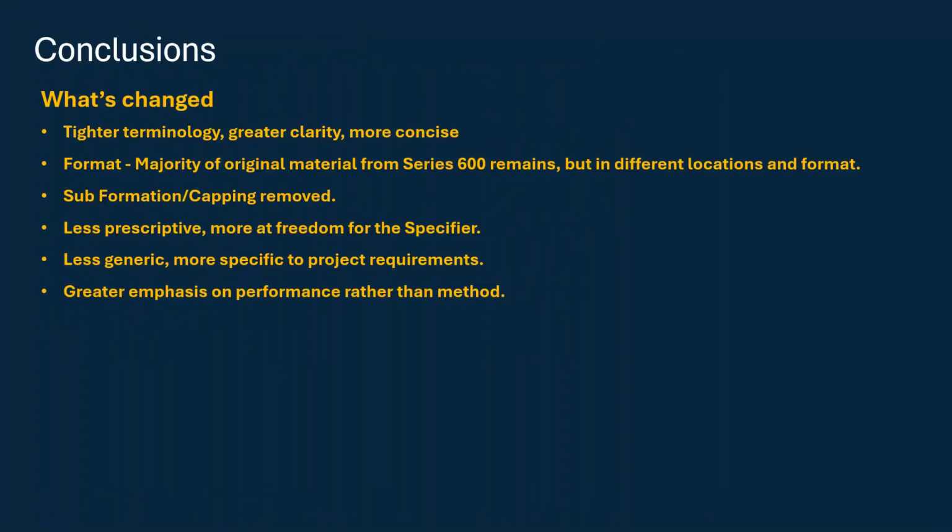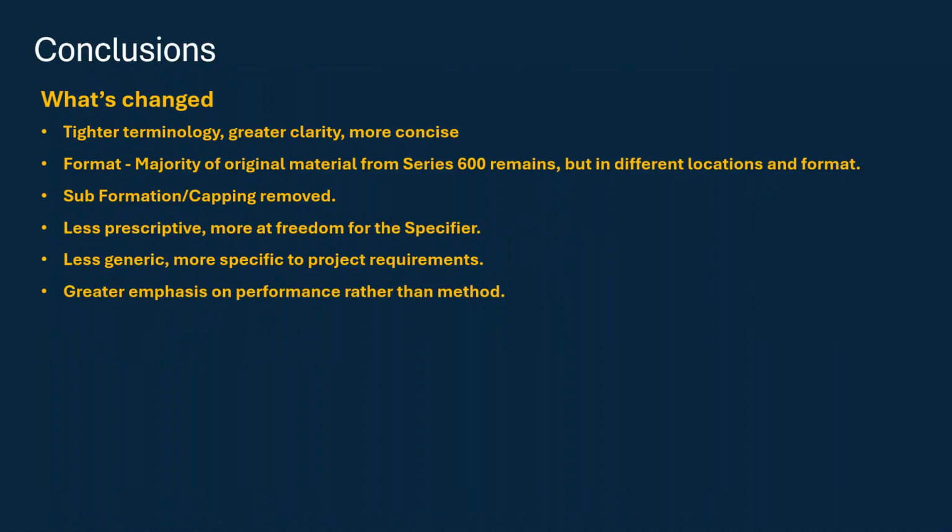So finally, to come to a close, and really just go back through and think, well, what really has changed? Well, in terms of the technical substance and the technical detail of the document, a lot hasn't changed. A lot is still what was in the old document that we've used for years. It's remained the same.